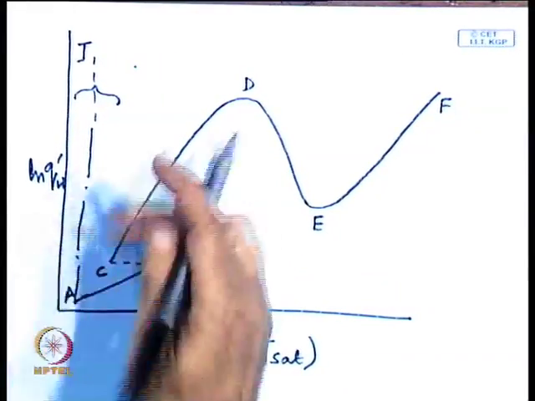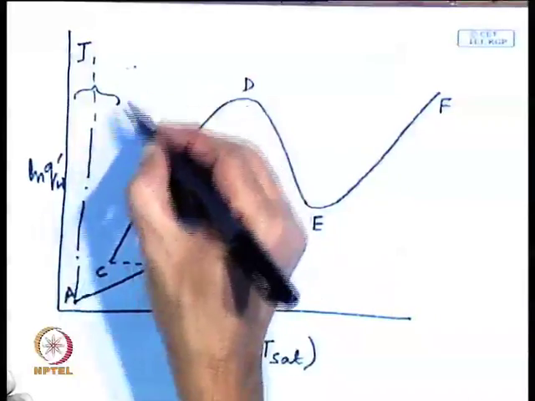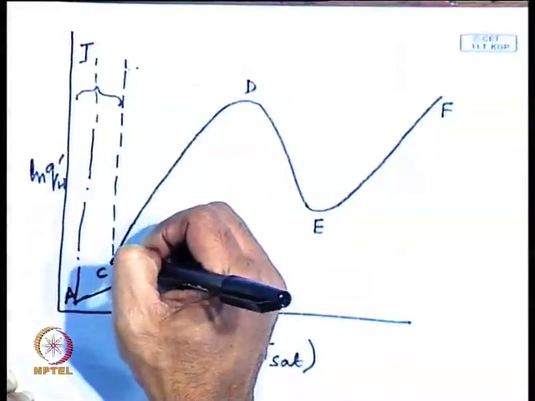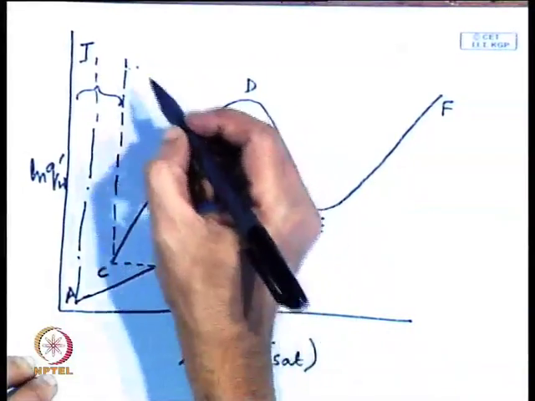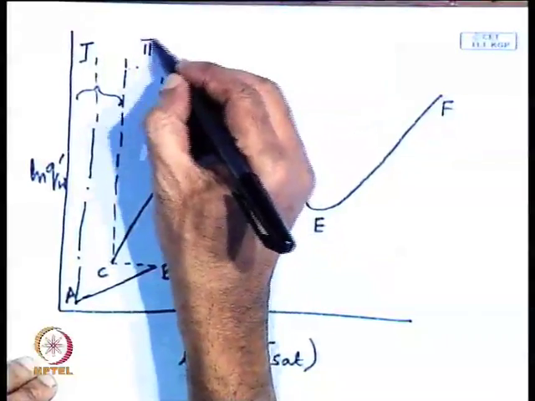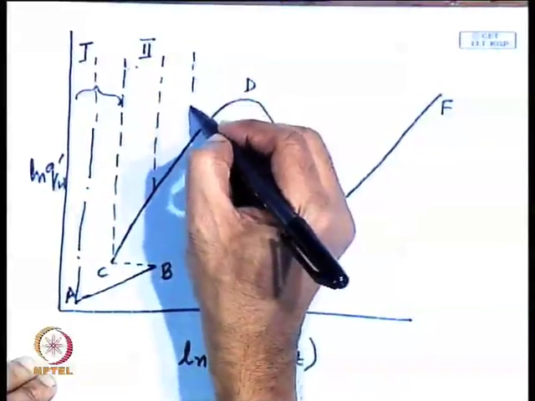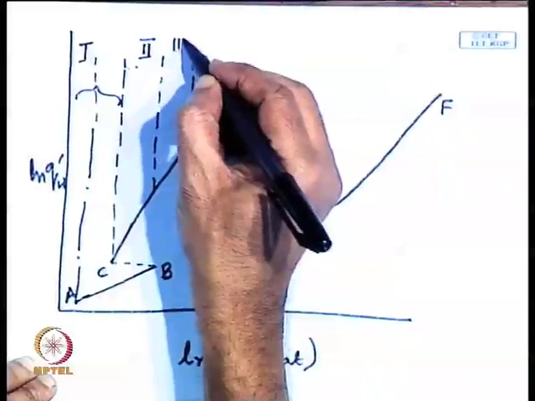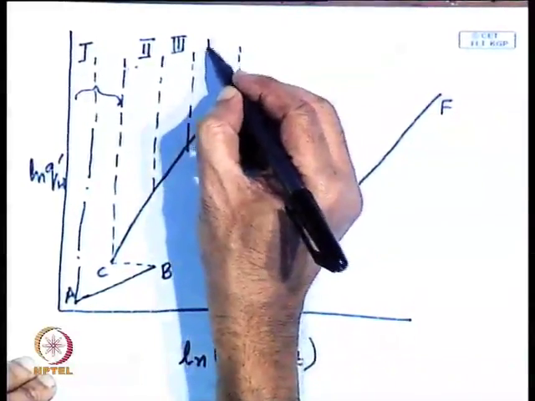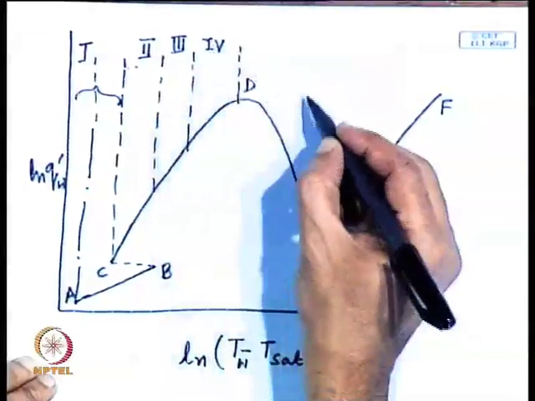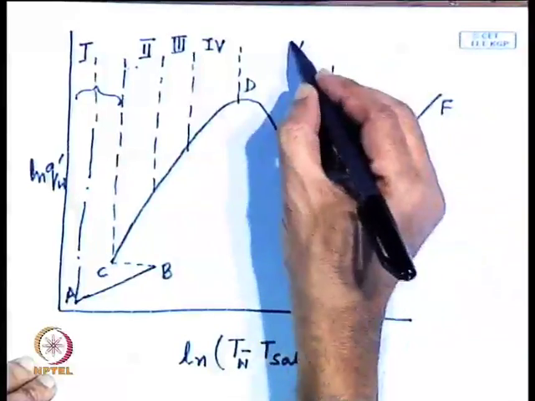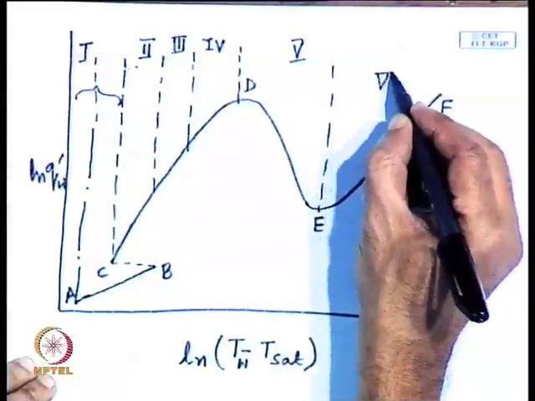So, this regime starts from the heating process, then we have got the second regime, we have got the third regime, we have got the fourth one, then we have got the fifth one, and ultimately we have got the sixth regime.